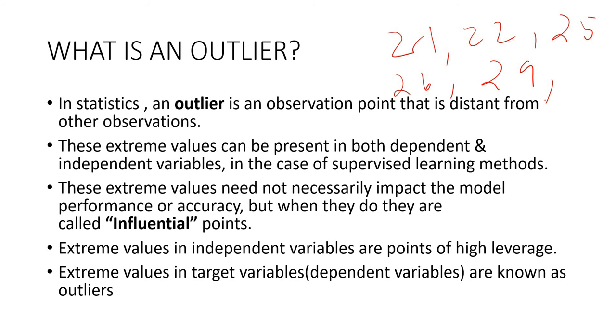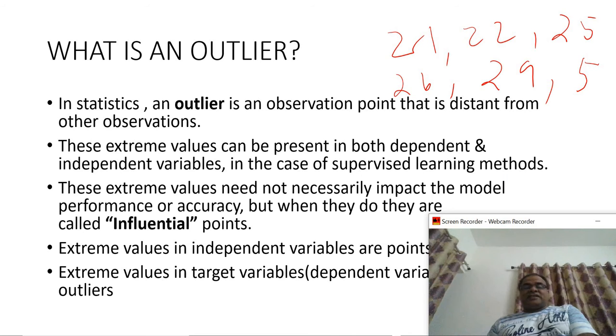Then another value we have here is 5. Here 5 is an outlier because all other numbers are very close: 21, 22, 25, 26, 29. So that's what you need to understand.